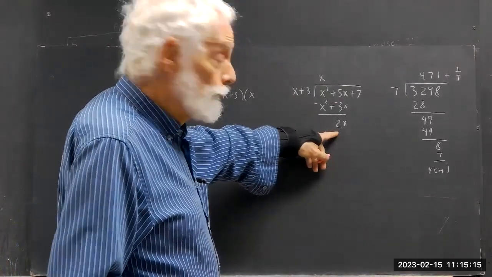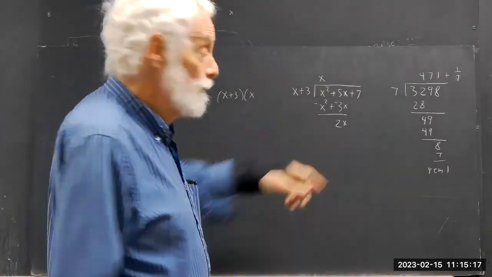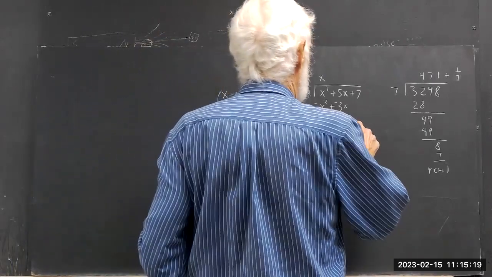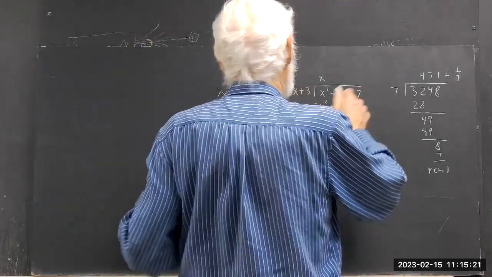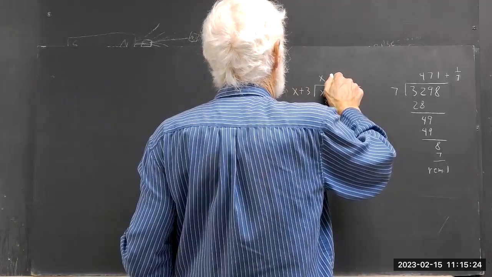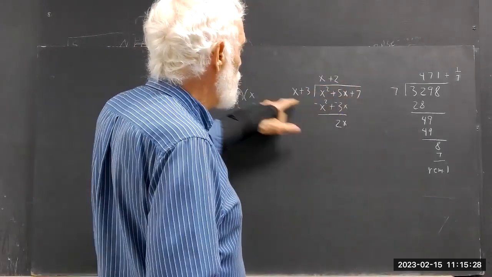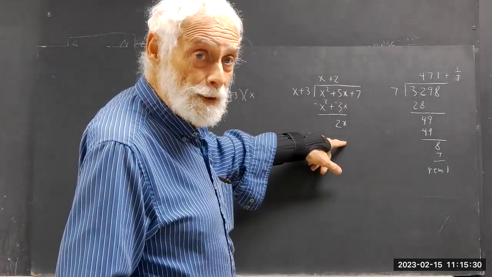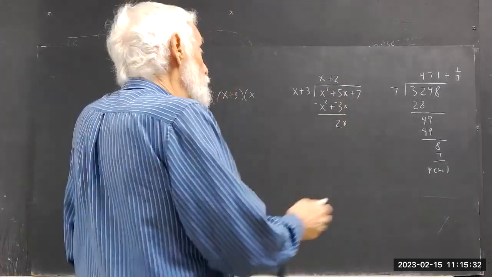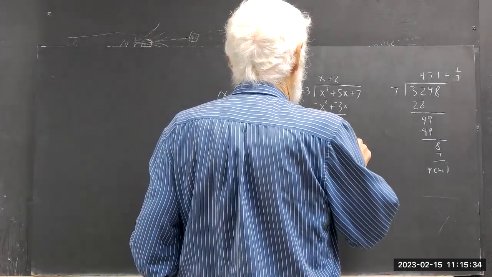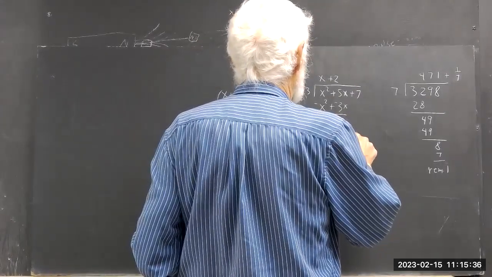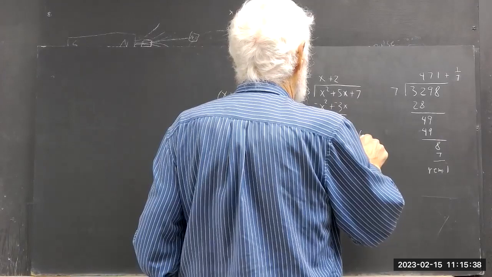So we're going to need another 2x. I'm just going to do the plus 2. I multiply 2 by x, I get the 2x. So when I subtract that, I'm going to subtract 2x plus 6.